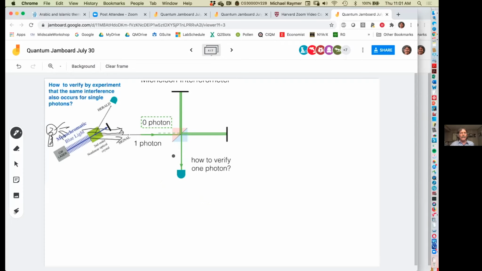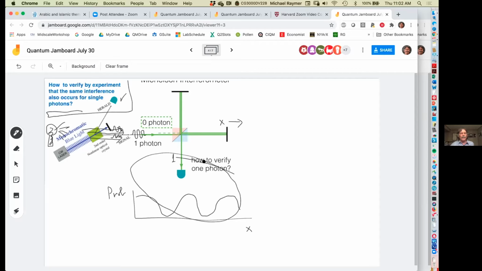So even if I get a click over here in my herald, I'm pretty sure that there's one nice photon that matches the herald photon, but there could be some other photons coming from the light bulb. And then if I see my nice probability curve, this is X, now I'm going to move it. If I see the nice probability curve I expected, I'll be able to prove by an experiment that there's only one photon hitting my detector.